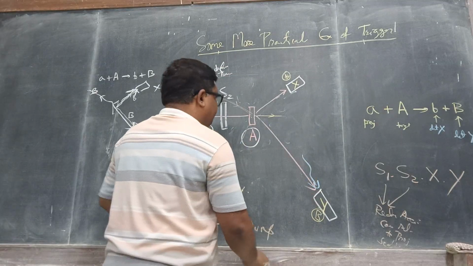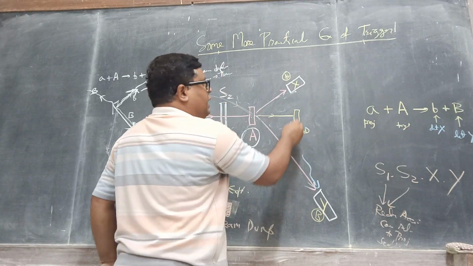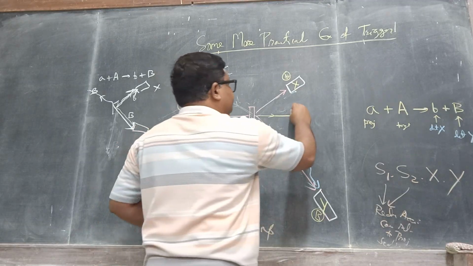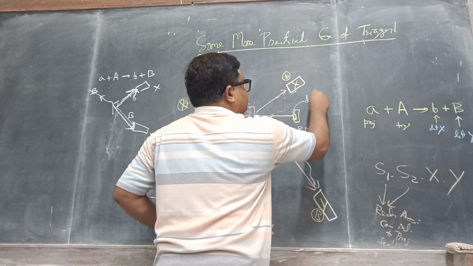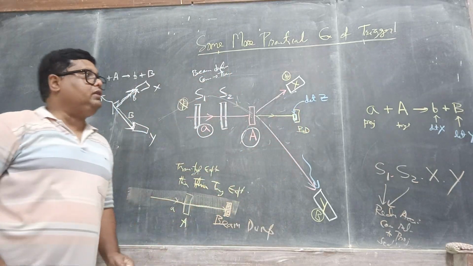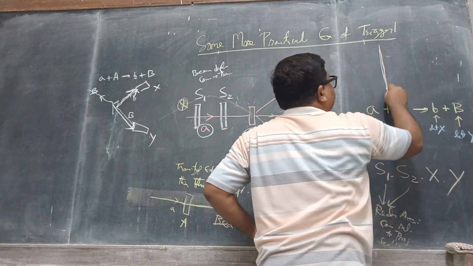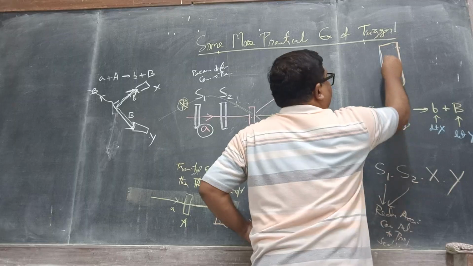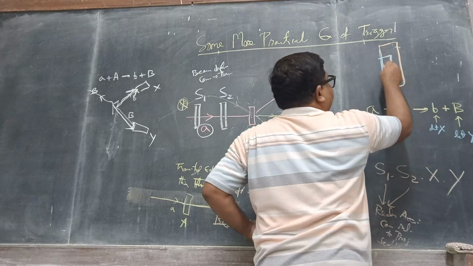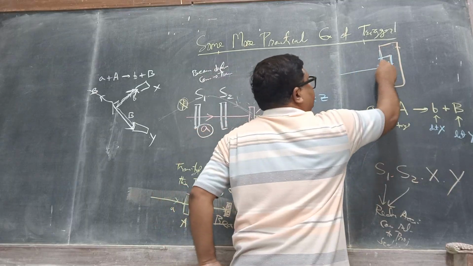See, if this is the beam dump, say this is the beam dump BD, then I am going to put a detector directly over here, and let me name this detector Z. Okay, so this is your detector Z directly on the body of the beam dump, on the body where the beam comes and hits.